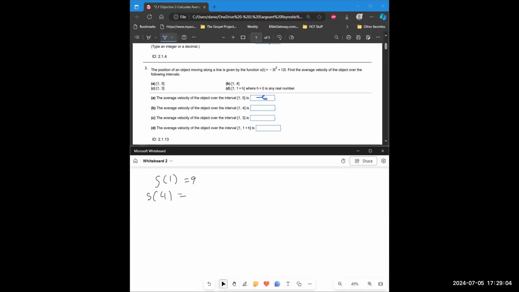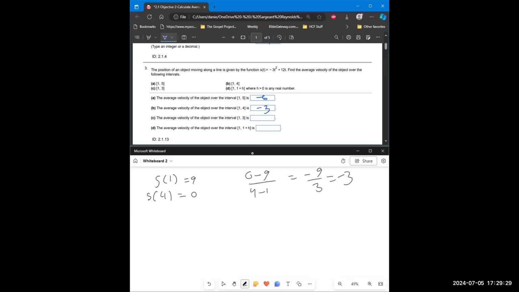Negative 3 times 4 squared plus 12 times 4 is 0. So 0 minus 9 over 4 minus 1. Negative 9 over 3 is negative 3.